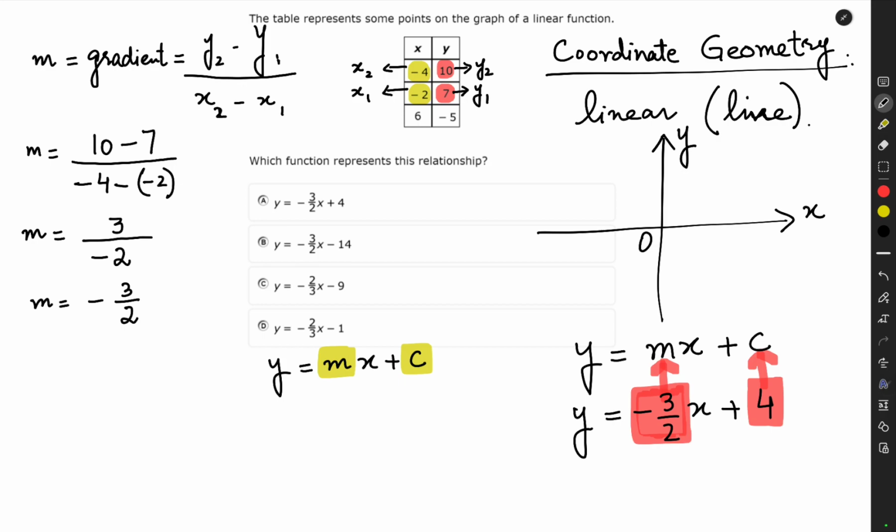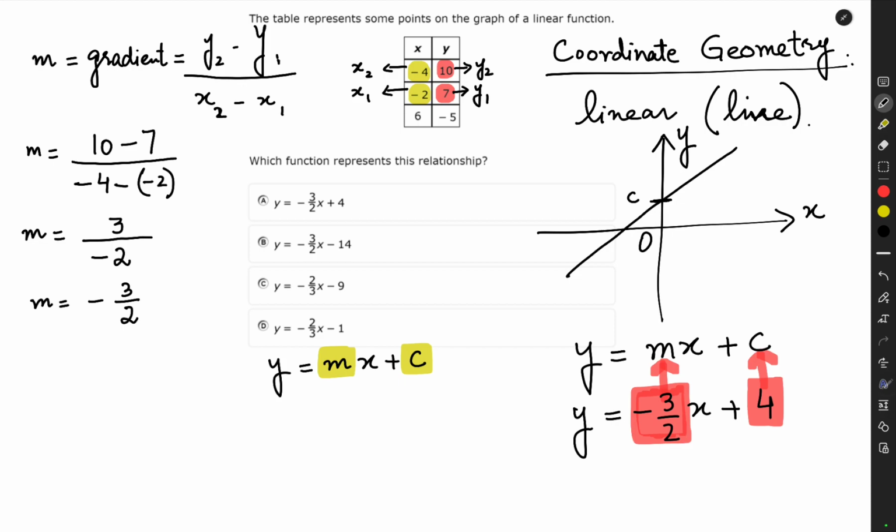So how do you find c in this? C is actually the y-intercept of the line, or I can say a point where the graph of a linear function meets the y-axis is called the y-intercept. So if there is a line like this, this point will be the y-intercept.